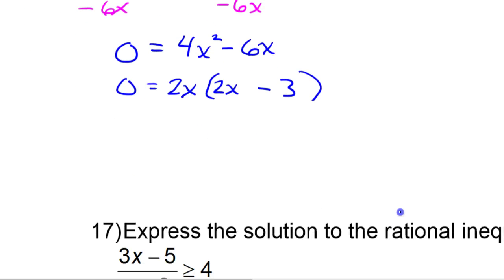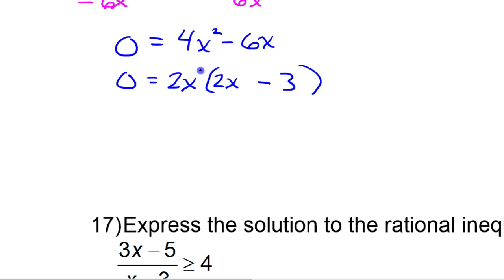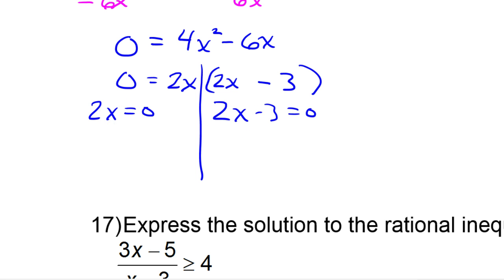Now that we have factored it, we keep going by setting these two factors equal to 0. Alright, so here I will divide by 2 on both sides, add 3.